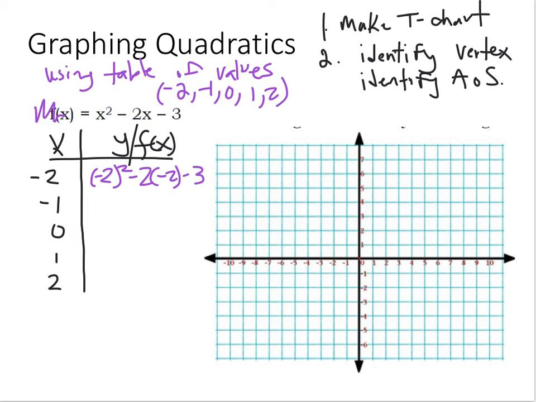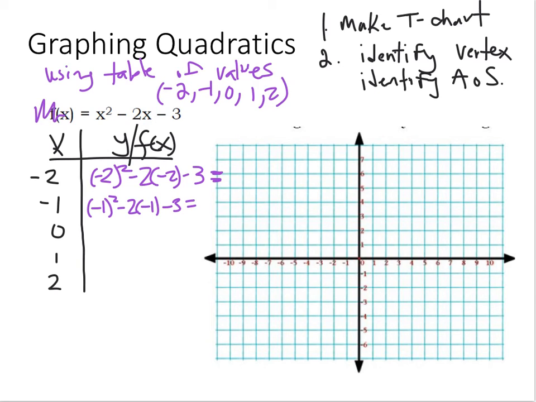Notice I used parentheses to show the negative value, because we don't want to make any mistakes on what we know is positive and what we know is negative. Then I can do the same thing with the rest of these: (-1) to the second minus 2 times (-1) minus 3, and I can get a value, and I'm going to keep doing that.